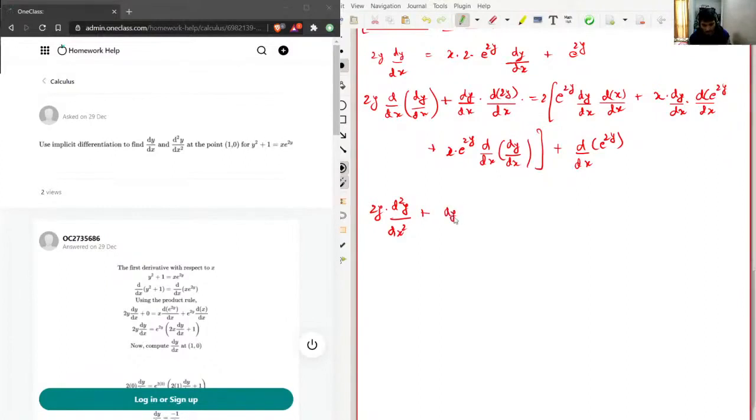So I'll write this stepwise. So this will be 2 times dy by dx equal to 2, and then this is e power 2y.